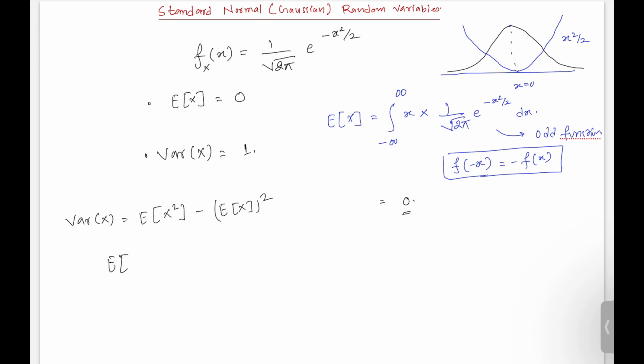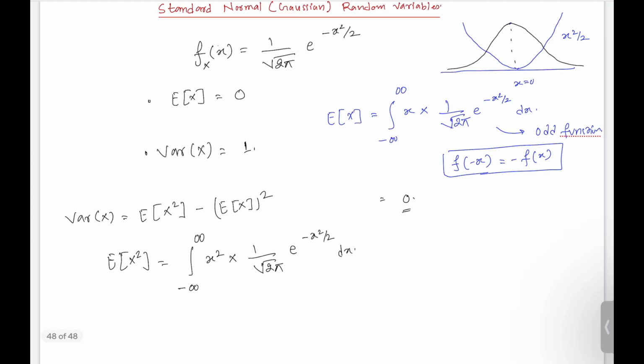We can make use of the expected value rule, and that would be the integral from minus infinity to plus infinity of x square times the PDF, 1 divided by root 2 pi e to the power minus x square divided by 2, dx.